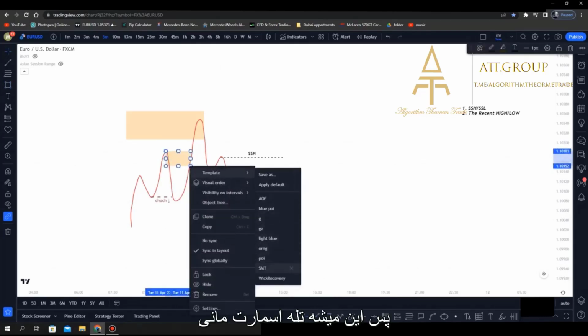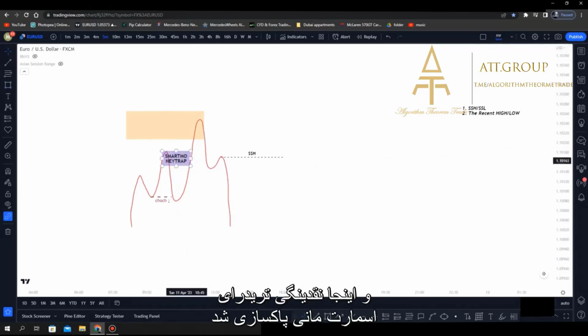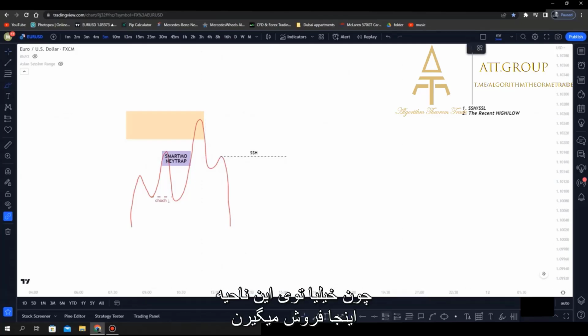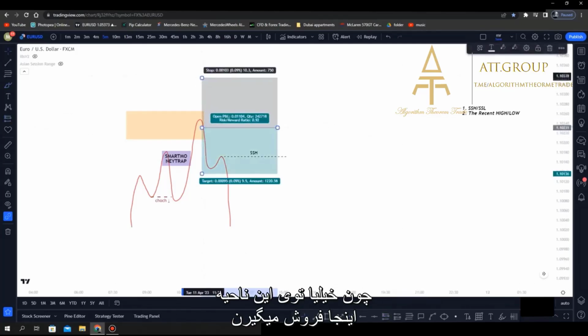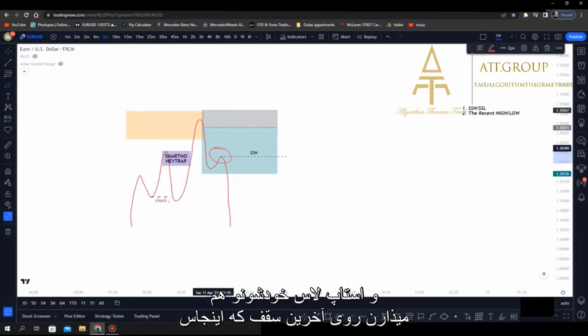So this is the smart money trap, and this is the draw on liquidity. We gained liquidity from smart money traders, then we created the substructure high right here, because a lot of people already sold in this zone, for example, and they moved their stop losses above the recent high.